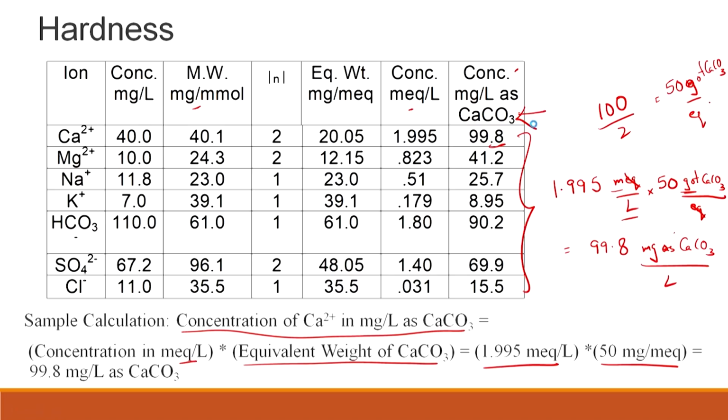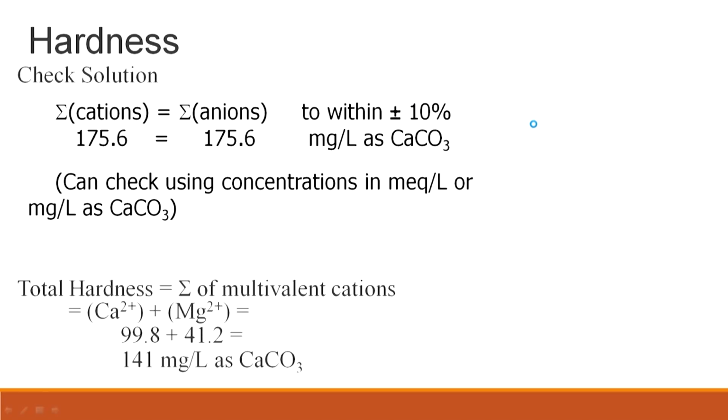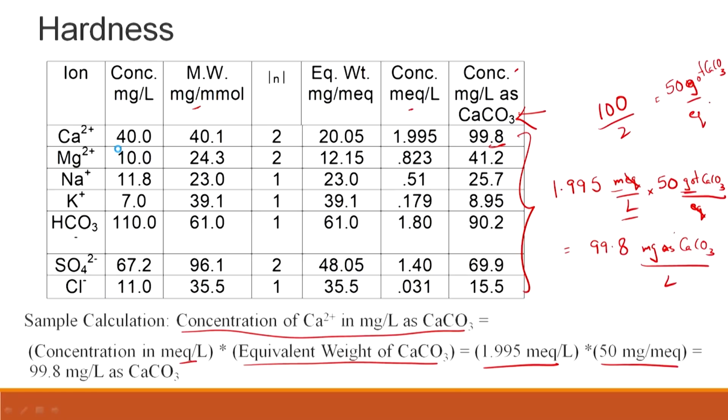So let's calculate hardness, or okay, first check the electroneutrality or charge balance. When we do it in terms of equivalents per liter, it looks like we have 175.6. Did we do it in terms of equivalents?